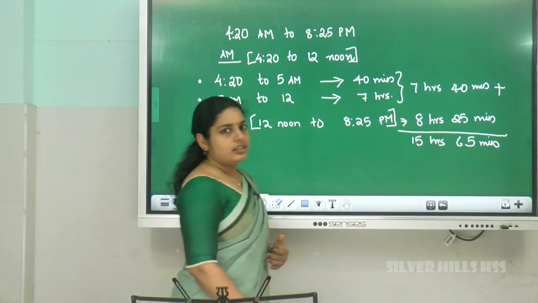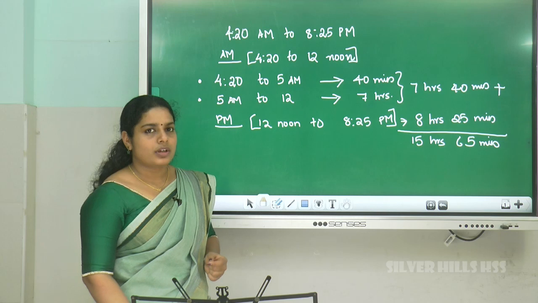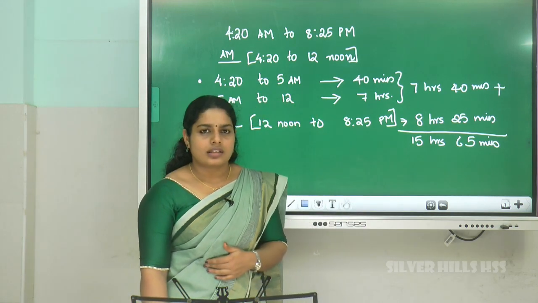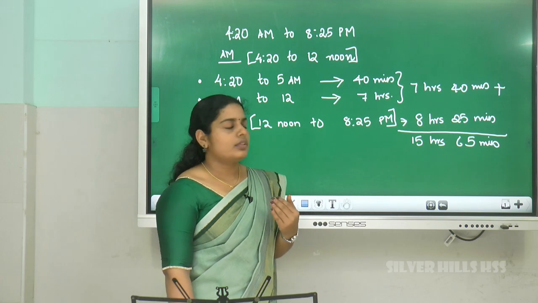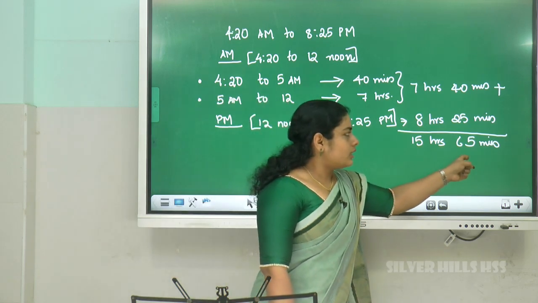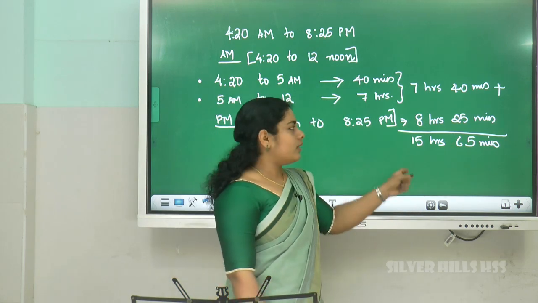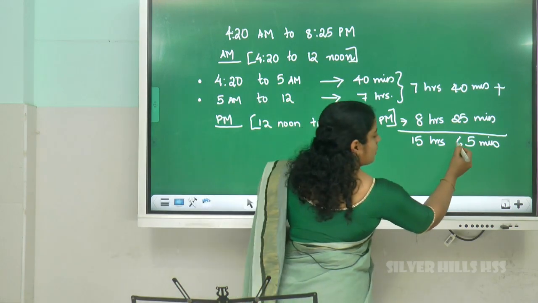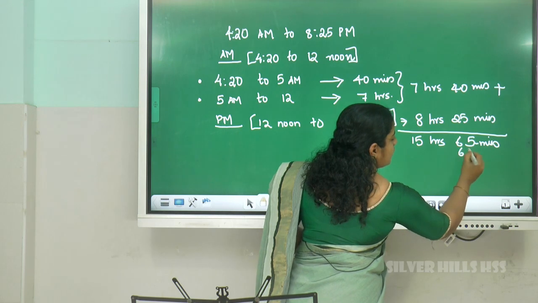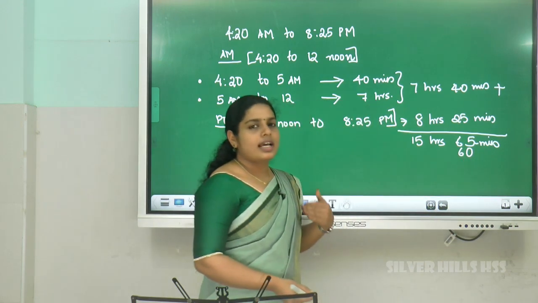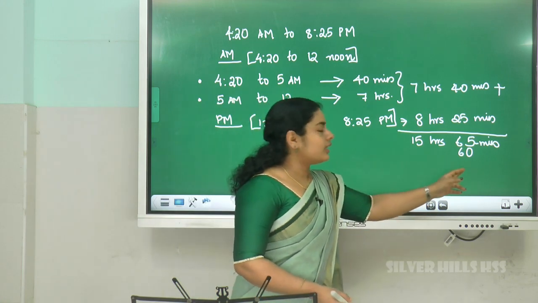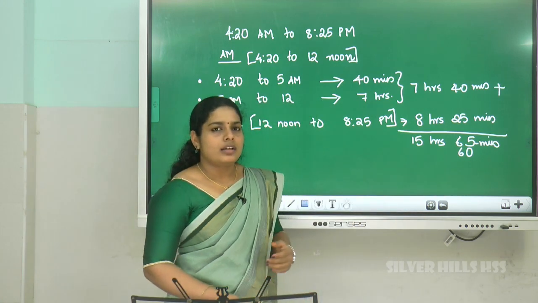But here this is an exceptional case because we know that the minute part cannot be more than 60. At that time we have a step, that is we will subtract 60 from the minute part and add 1 to the hour part. If you are subtracting 60, our answer will change. In order to balance that, while subtracting 60, at the same time we have to add 60 also.